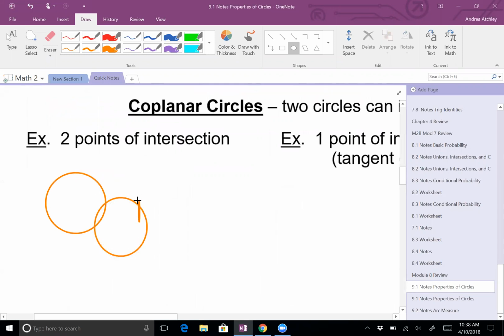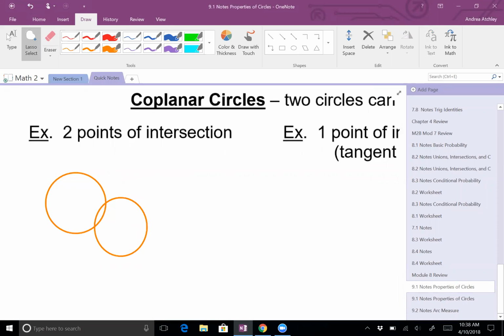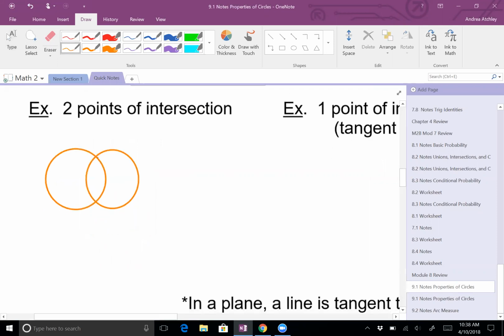Kind of like our Venn diagram. Like that. They intersect here and here.